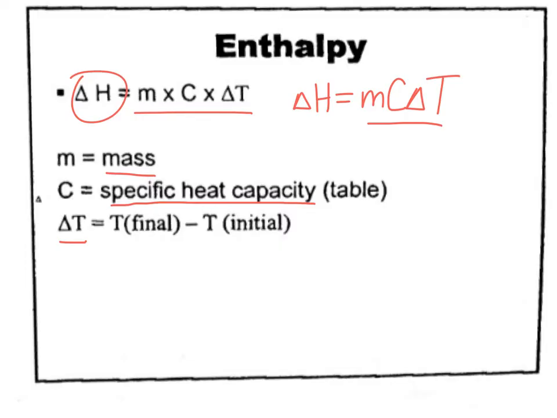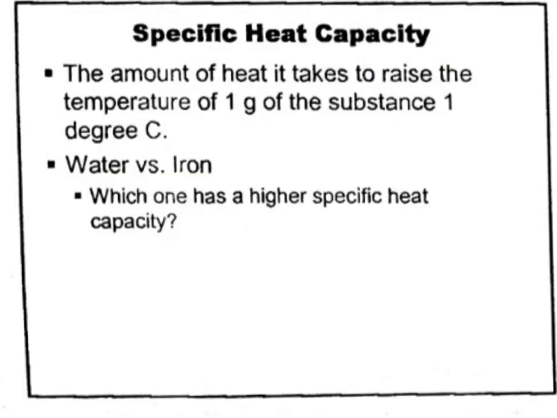So to calculate the change in temperature, it's final minus initial. This is your definition for specific heat capacity. Every substance has its own specific heat capacity. It's the amount of heat required to raise the temperature of 1 gram of substance 1 degree Celsius.